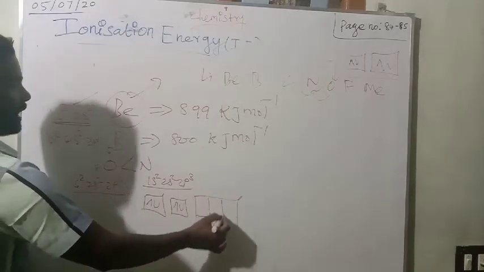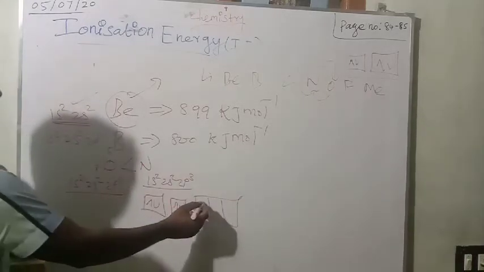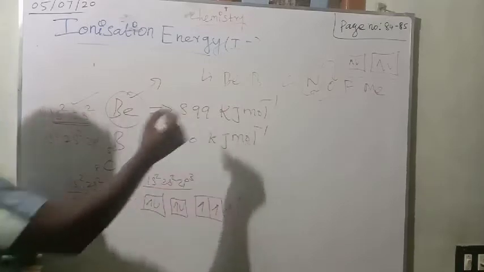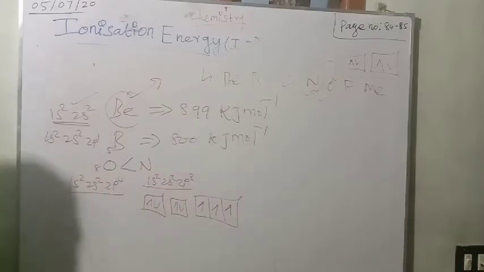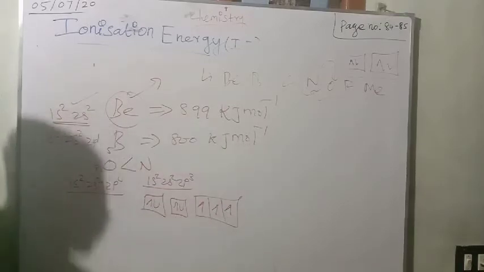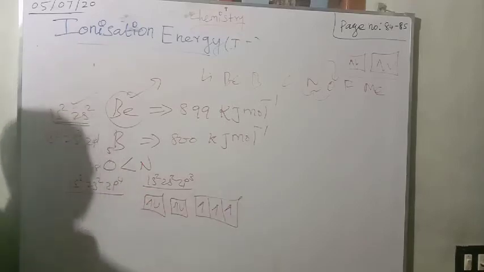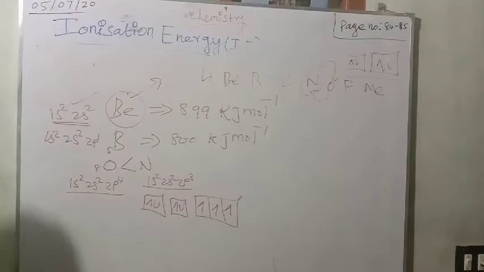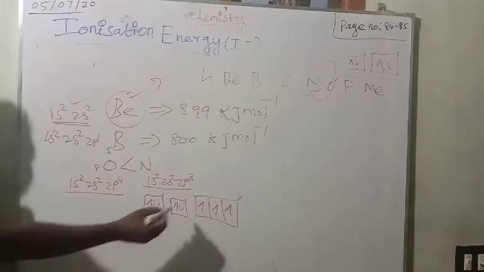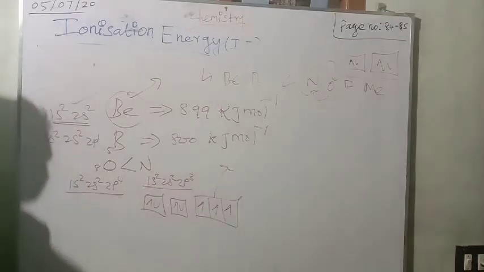P means it will have 3 boxes, so each one, half filled. Totally it can occupy 6 electrons. In that 6, 3 are filled, so it is half filled. Because of the half filled nature, it also has a stable electronic configuration.